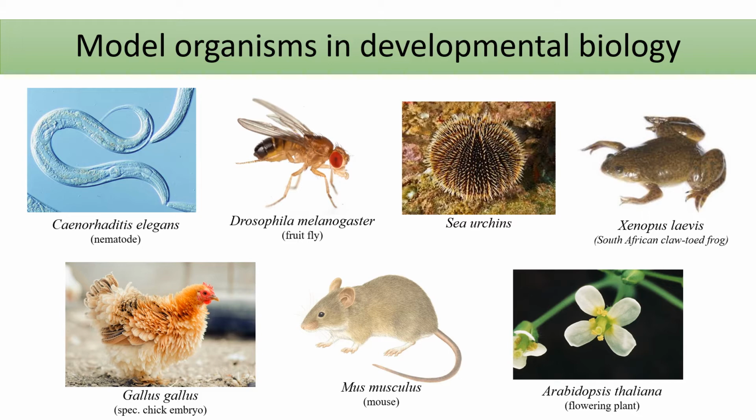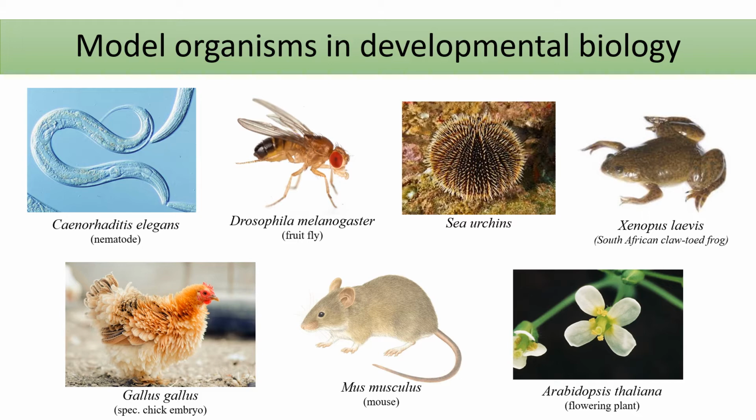Some also used sea urchins. Some also use the Xenopus laevis or the South African clawed frog. Some also use a different species, which is the Rana pipiens. And then some also use the Gallus gallus, specifically the chick embryo.